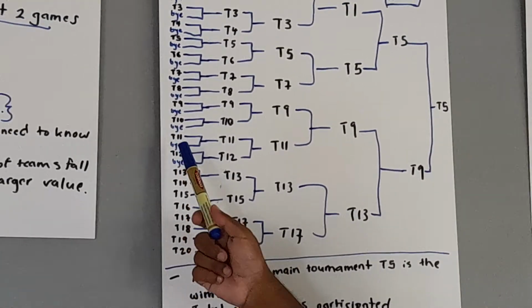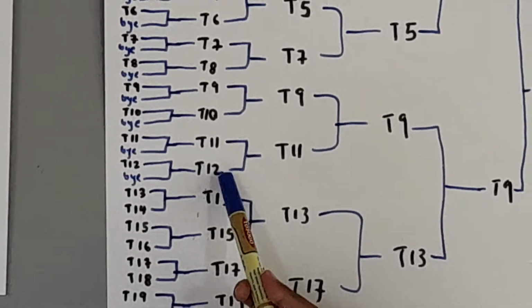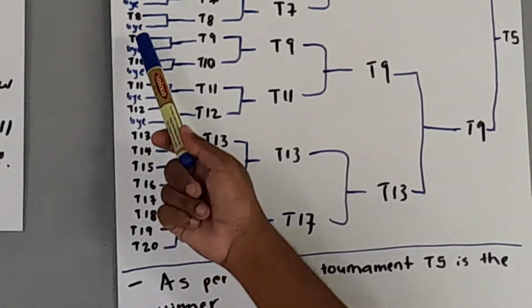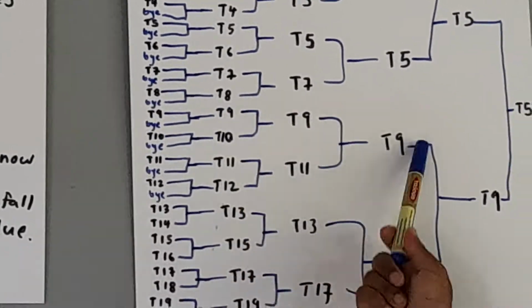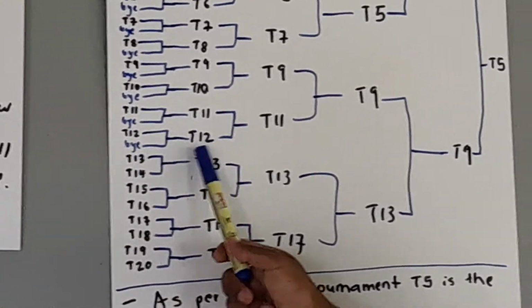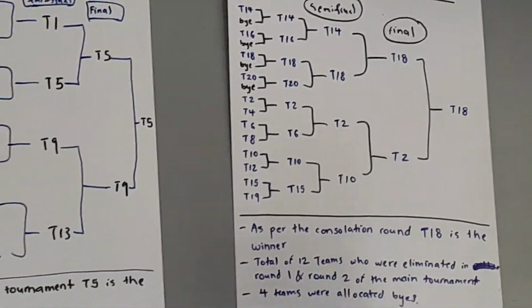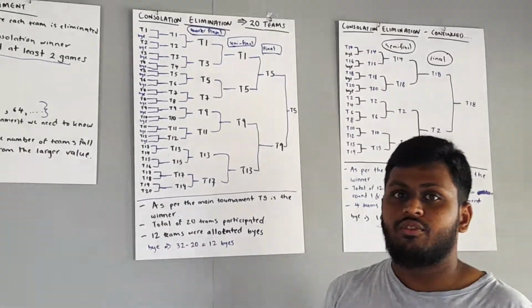For team 12, team 12 plays 1, 2. Team 9 plays 1, 2, 3. Team 12 plays 1 over here, and again plays over here, 2 games. So each team has met the category of playing at least 2 games.